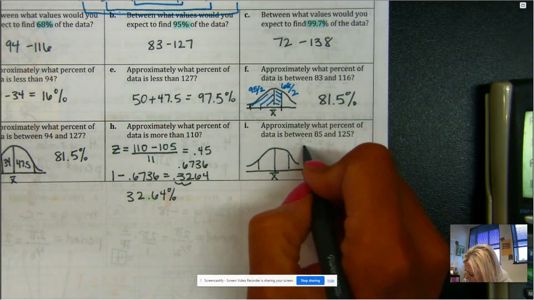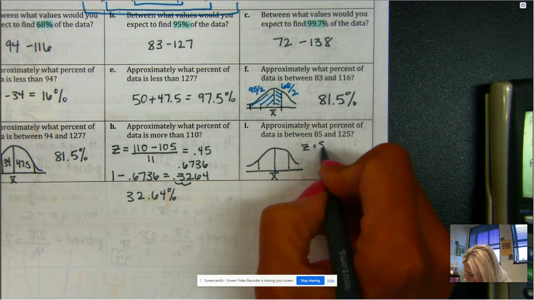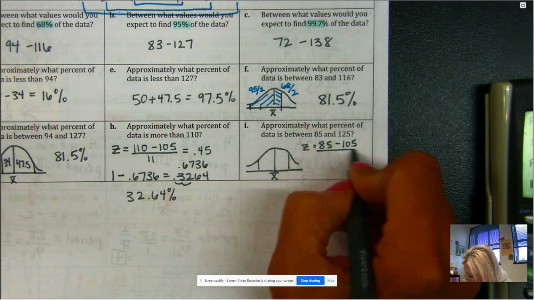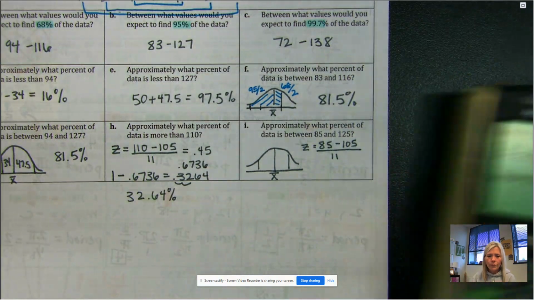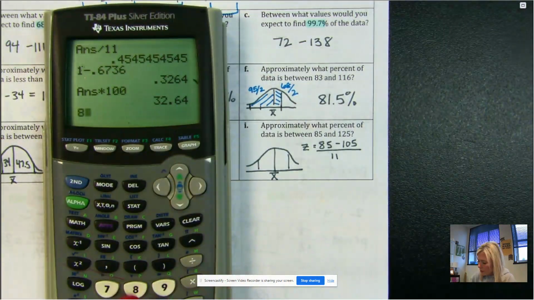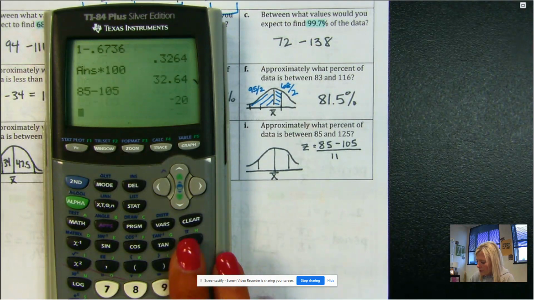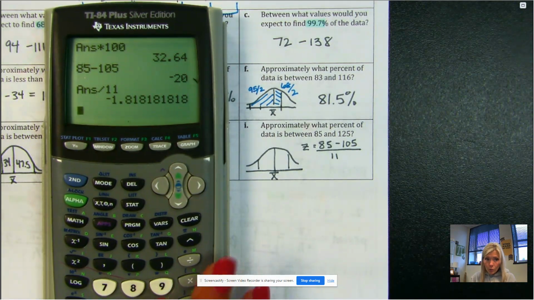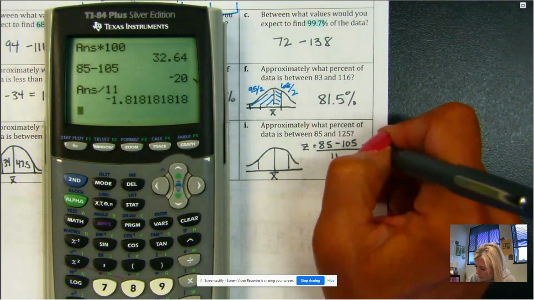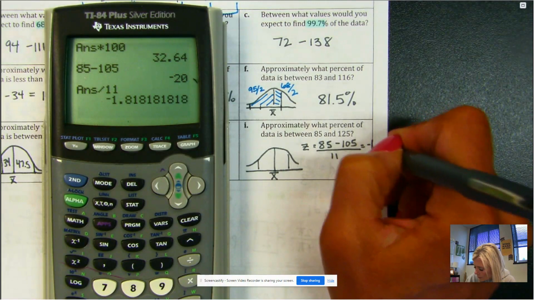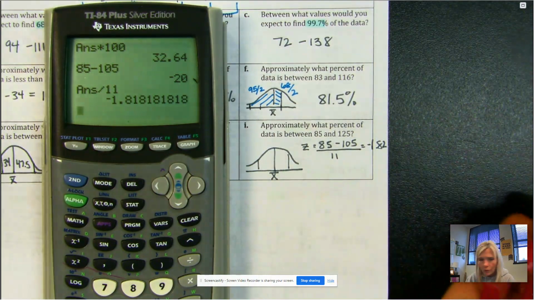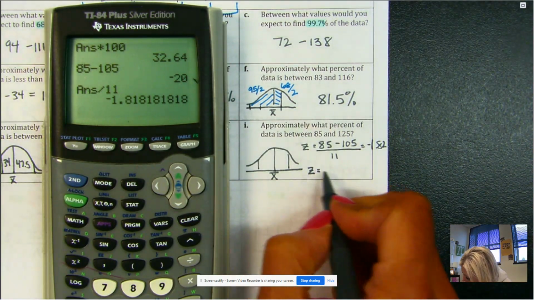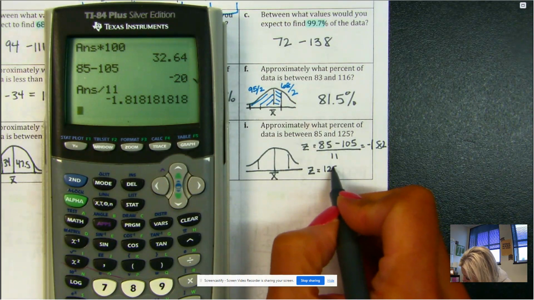So for the 85, the z-score is 85 minus 105 divided by 11. So 85 minus 105, and then divided by 11. Negative 1.82, following the rules of rounding. And then the other z-score comes from 125.